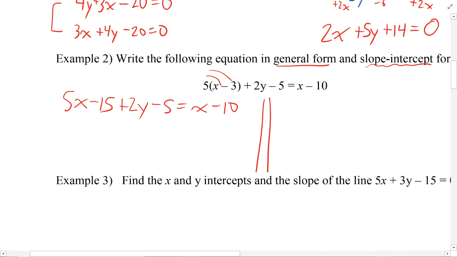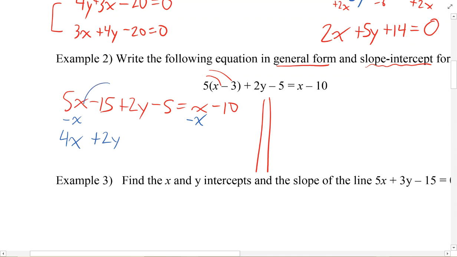Okay, so then I'll move everything over. So move the plus x over by subtracting. Now we get 4x. Then I'll do my y's. Do I have to change my y's at all? No, so I'll put my y terms. Then I'll put my constants.